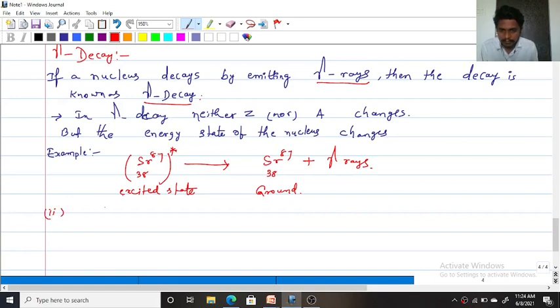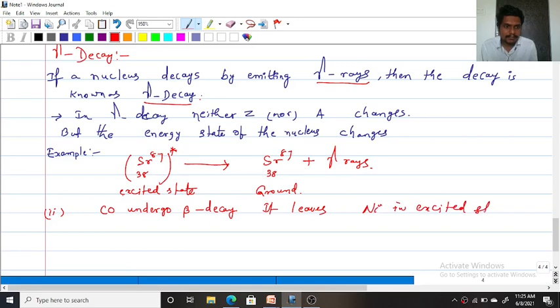Let us take one more example. When cobalt undergoes beta decay, it converts and leaves nickel in excited state.